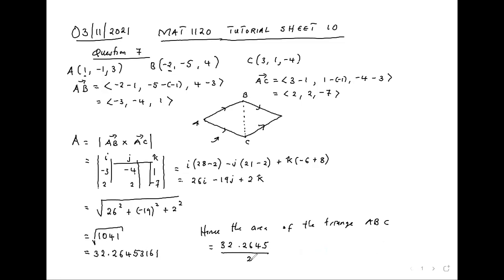We divide by 2. Then we'll get 16.13 units squared. Okay. That's how we obtain this area. And this is question 7. So we go to question 8.